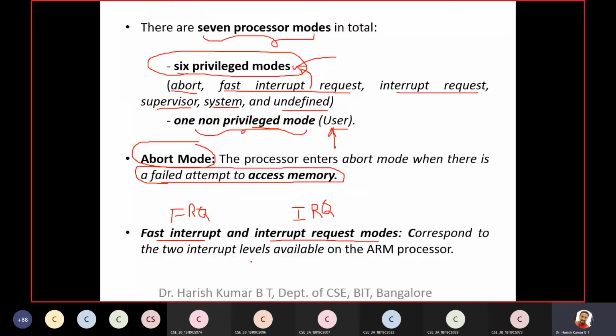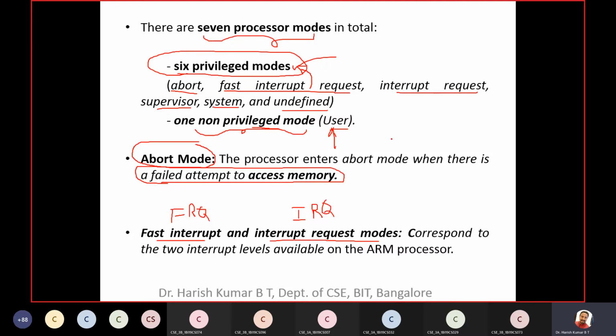Say we start with the user mode, and the CPU will change its state from the user mode to the abort mode whenever your program tries to perform an invalid memory access, or whenever it tries to violate the memory protection rule, correct? So boundaries will be there. Every process will have its own memory region.